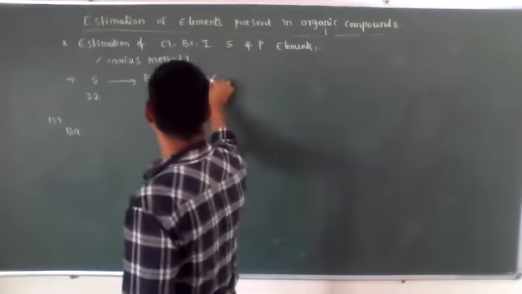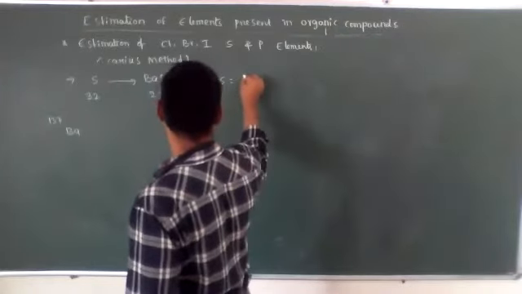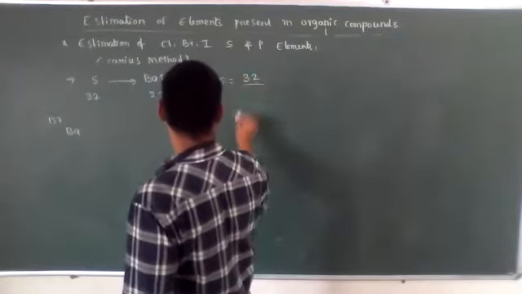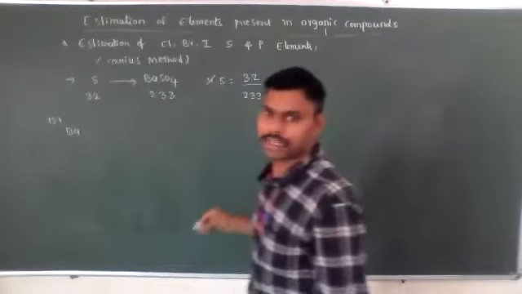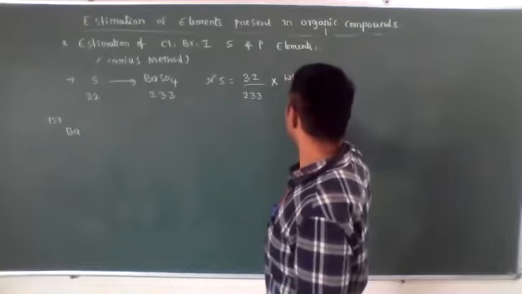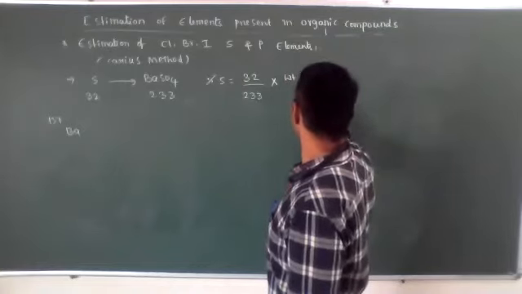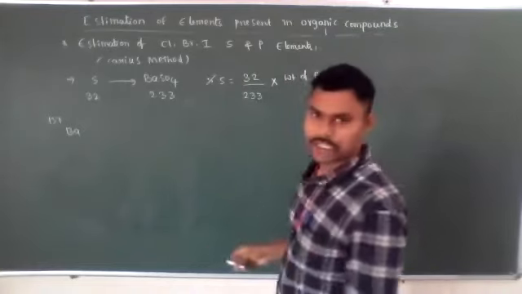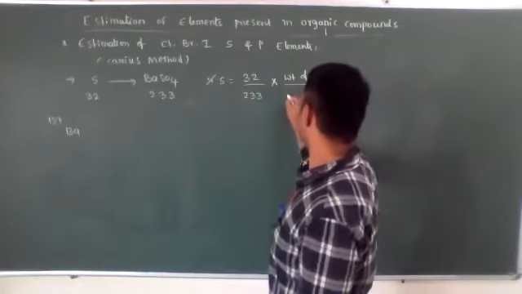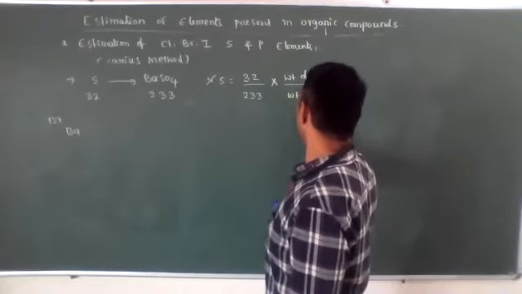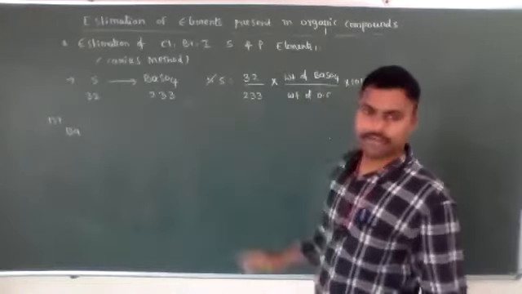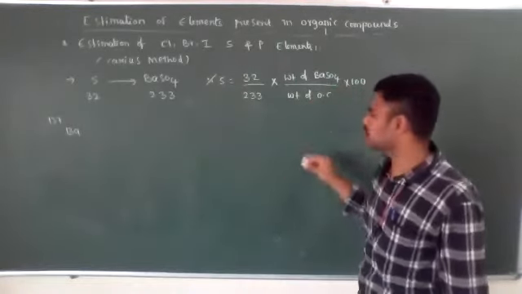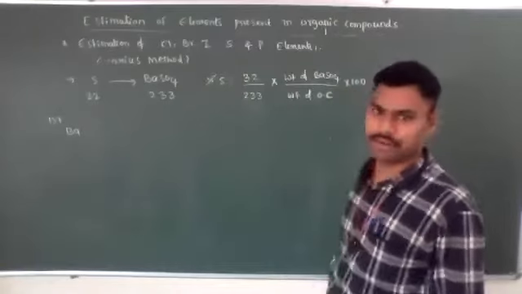Now percentage of sulfur is equal to 32 by 233 into weight of barium sulfate, BaSO4, by weight of organic compound into 100. By using this formula, we will get percentage of sulfur.